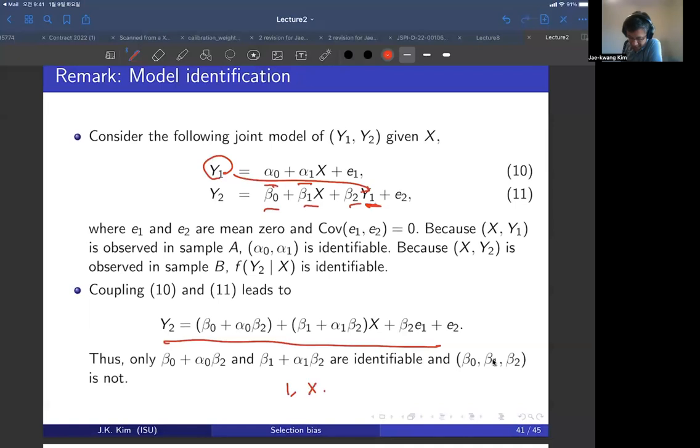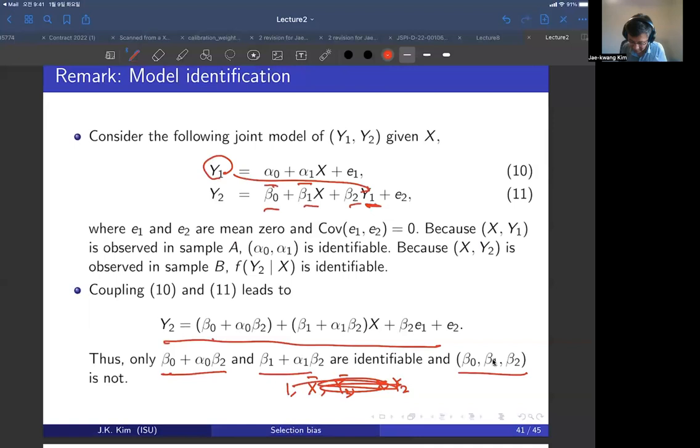The intercept, x and y bar, xy, the covariance. So the problem is that if you do that, you can only identify these, but not the joint.